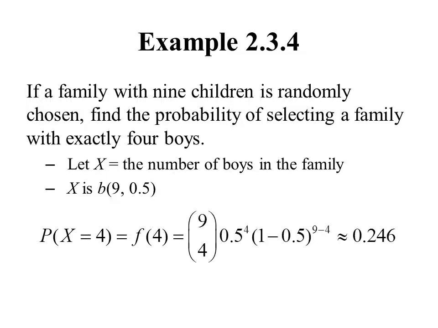Once we've identified that, we can easily calculate our probability. We want to know the probability of exactly 4 boys, so we need to calculate f of 4. We plug things into our PMF, and we get our answer of 0.246. What that means in a practical sense is that about 24.6% of all families with 9 children are going to have exactly 4 boys.